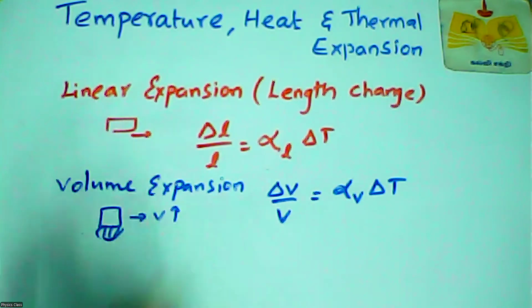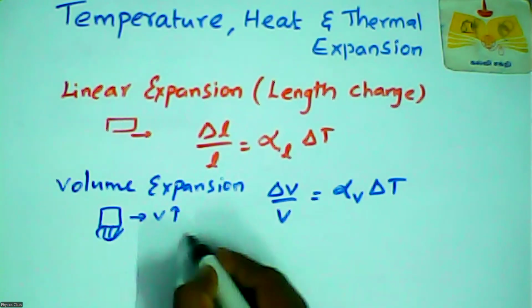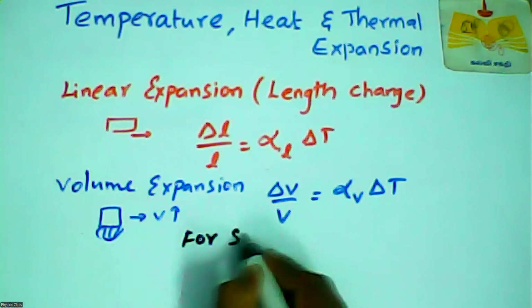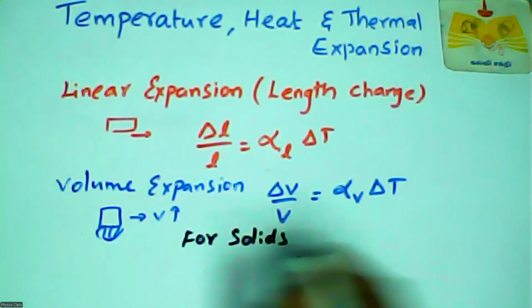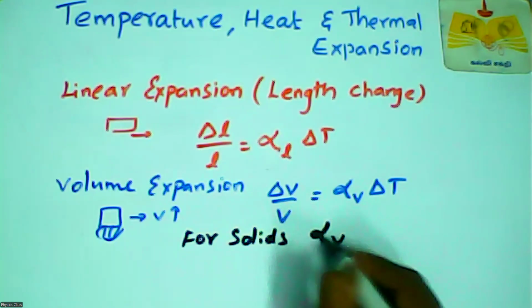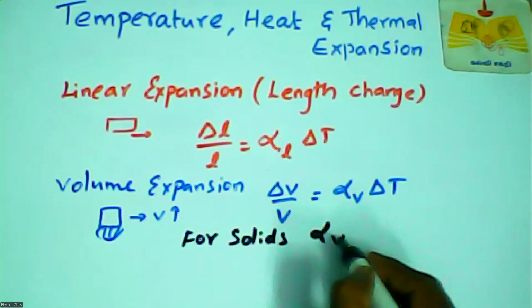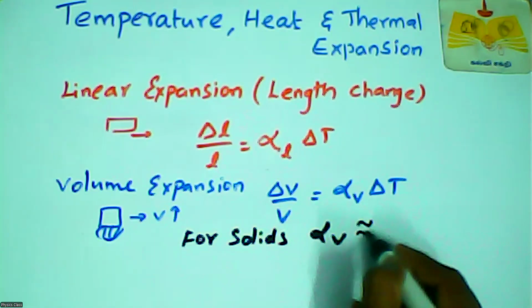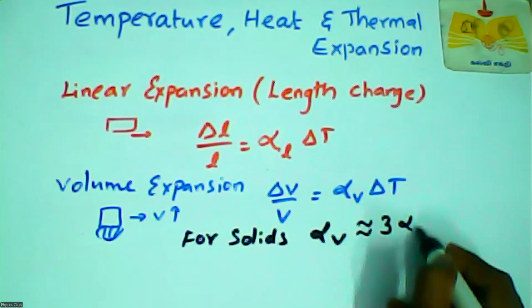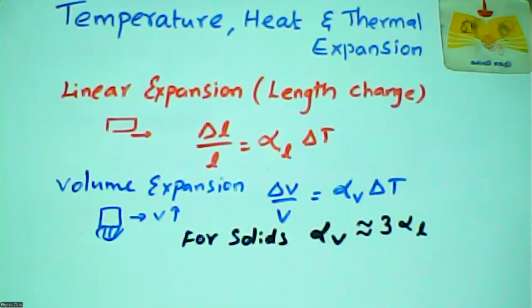So for solids, alpha V, that is the coefficient of volume expansion, is approximately 3 times the coefficient of linear expansion.